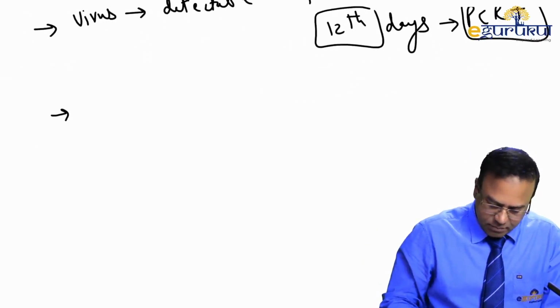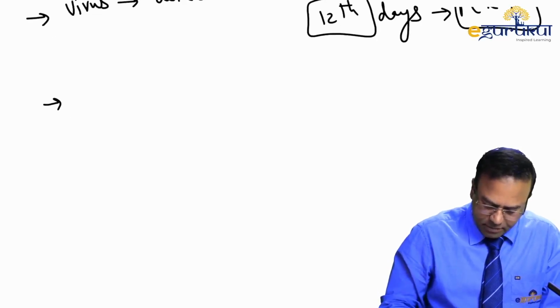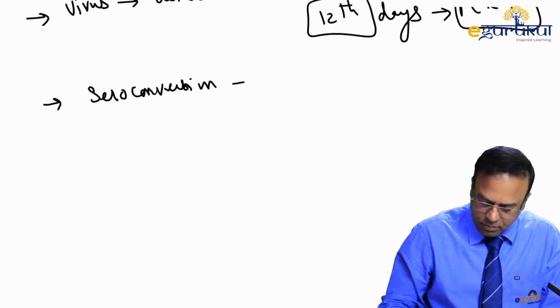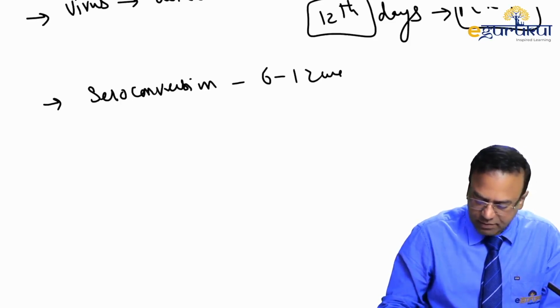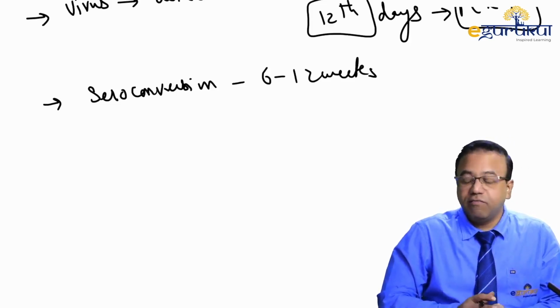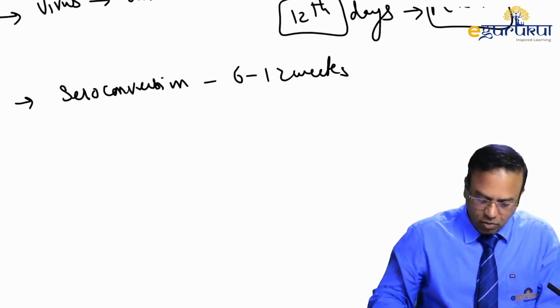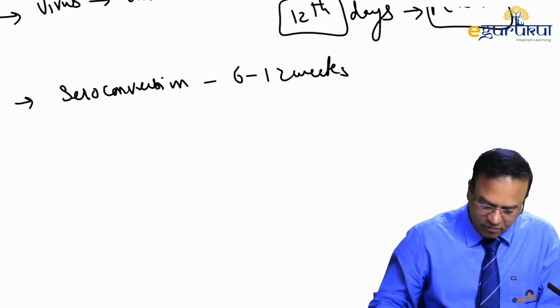If you look at the seroconversion, that is the formation of antibodies, this starts occurring in about 6 to 12 weeks. And the virus starts getting restricted to the lymphatic system, the reticuloendothelial system, and it significantly decreases in the plasma for quite some time. And this seroconversion occurs in about 95% of patients.